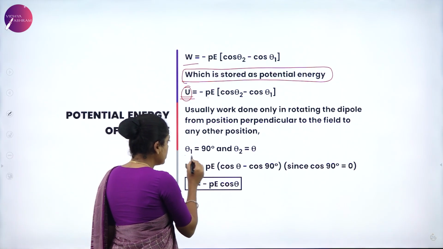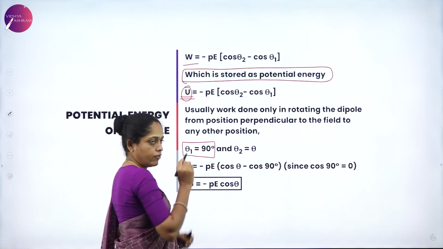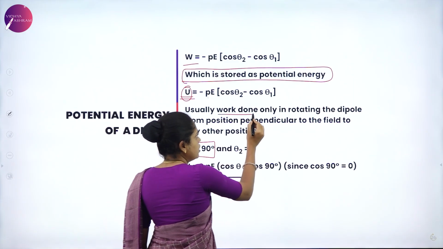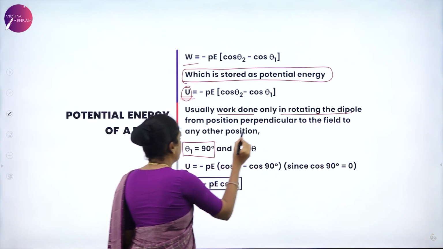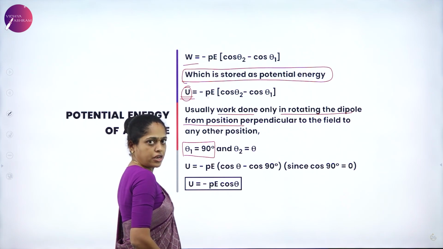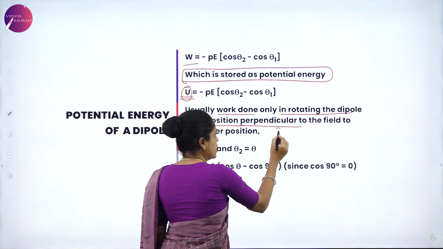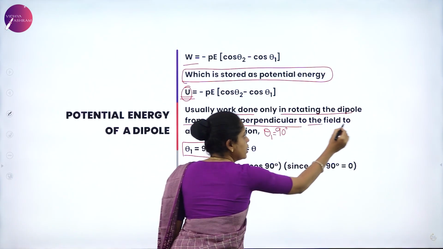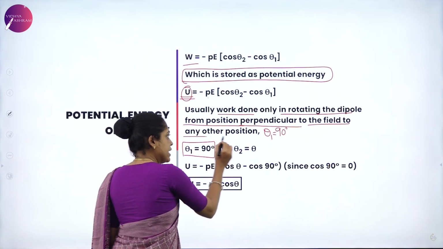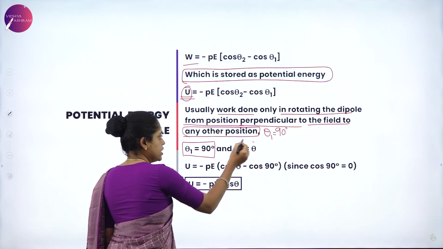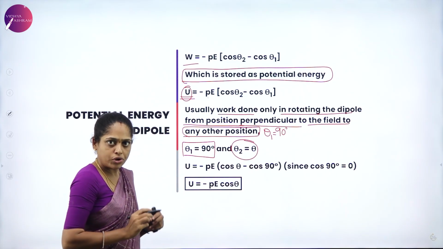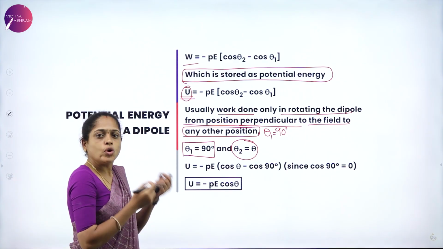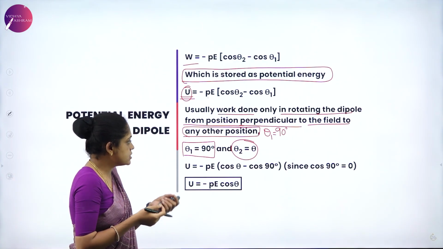So we will consider theta 1 as 90 degree, that is work done in rotating the dipole from the position perpendicular to the field, that is 90 degree, to any other position, that is theta.